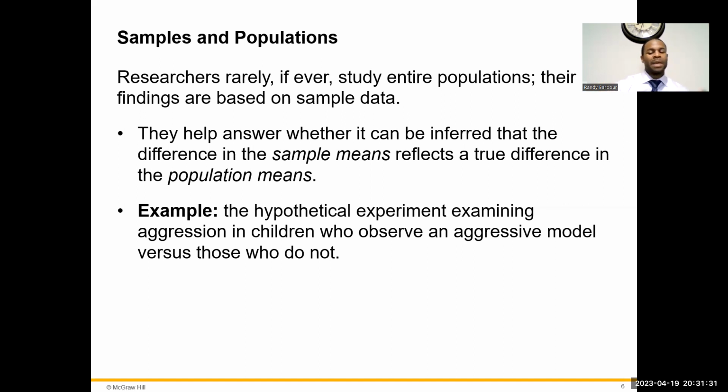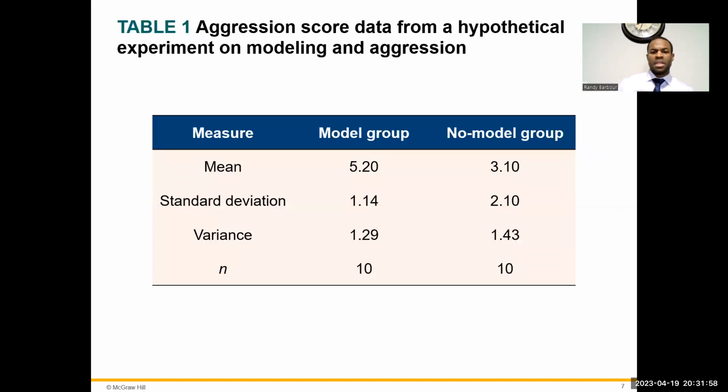But if that sample was large enough, they could then make inferences to the population. So any young person who has an aggressive model is oftentimes going to exhibit more aggressive behaviors than those who do not. And so we're able to draw those conclusions based on a sample and based on research that's done over and over and over again, like we said in replication.